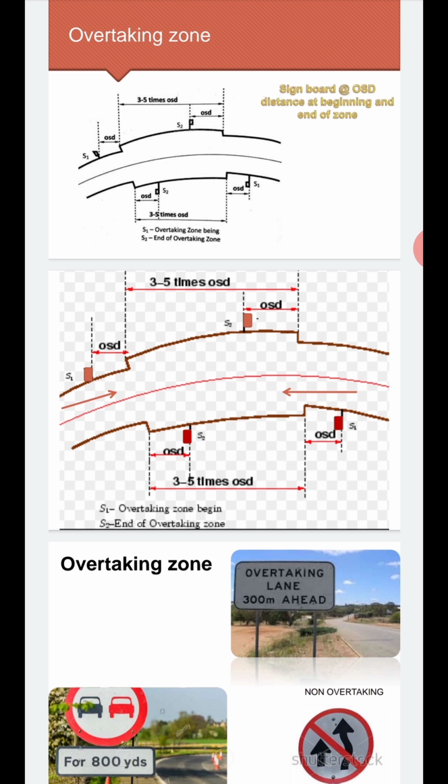S1 is the signpost which mentions that the overtaking zone starts, and S2 is before the overtaking zone ends, where we need to provide a distance of 1 OSD before the overtaking zone ends, so that the driver can be back in his lane. The zone should be 3 to 5 times the OSD distance, like the signboards which we see on the roads.